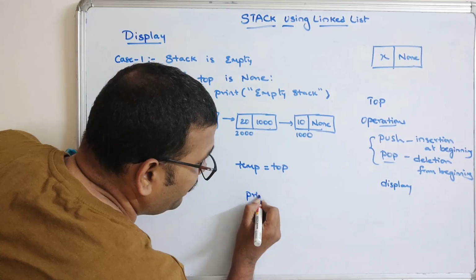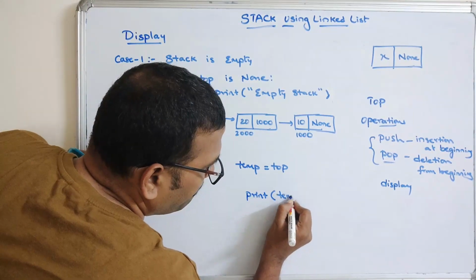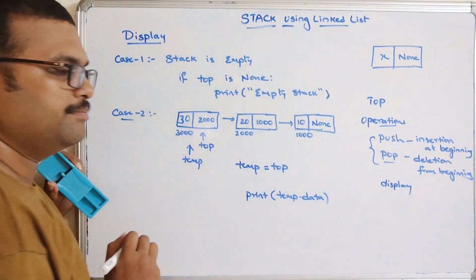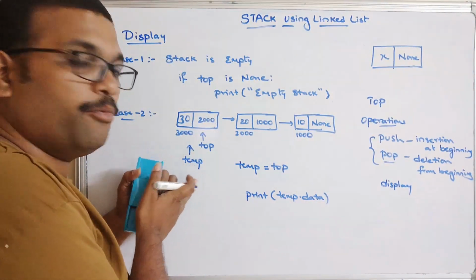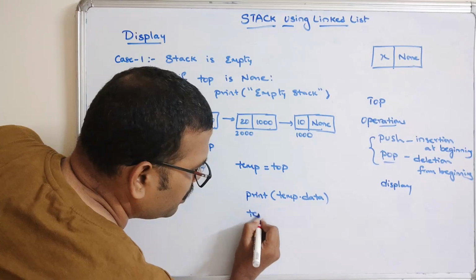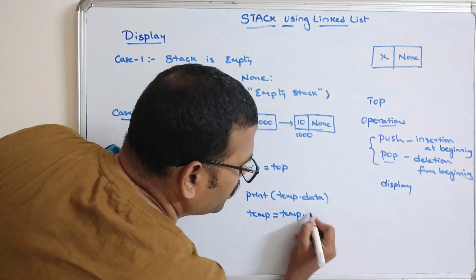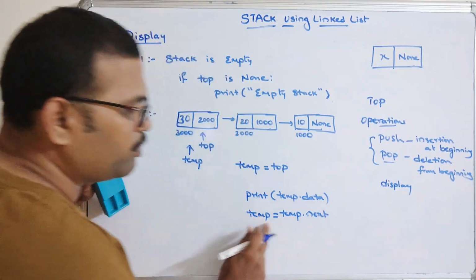So we have to print temp.data, and immediately after printing temp.data, we have to move to the next node. So what is the statement? Temp is equal to temp.next.